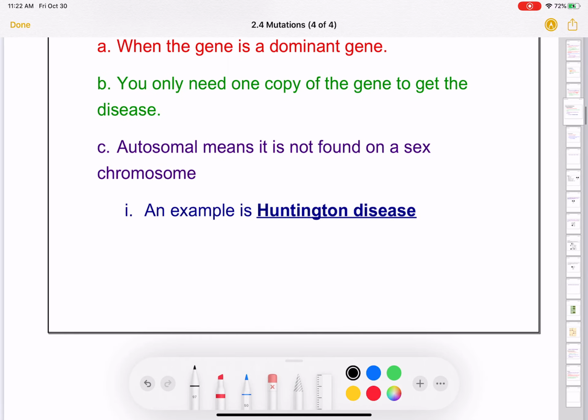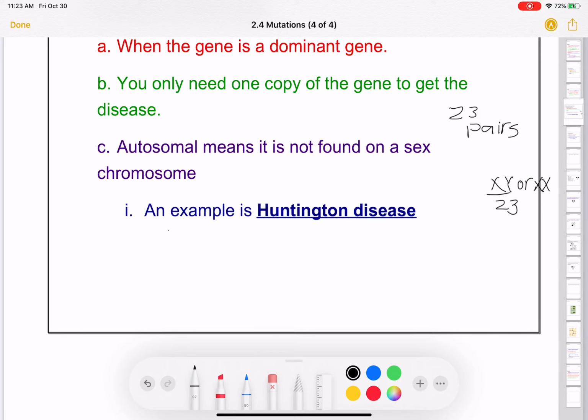So remember when I told you before we have 23 pairs of chromosomes? We got 23 pairs, and only the 23rd pair, the very last one, determines if you're XY or XX, okay?